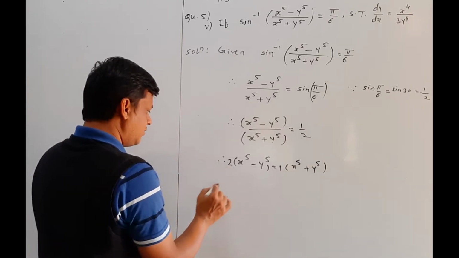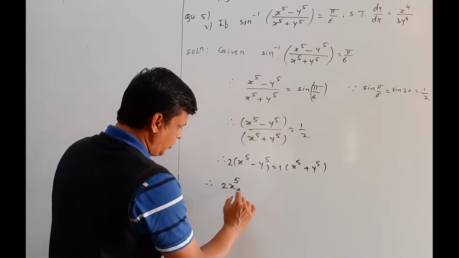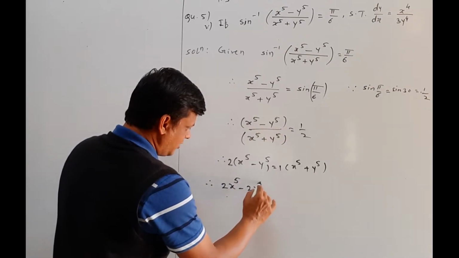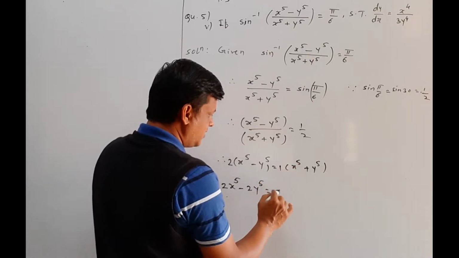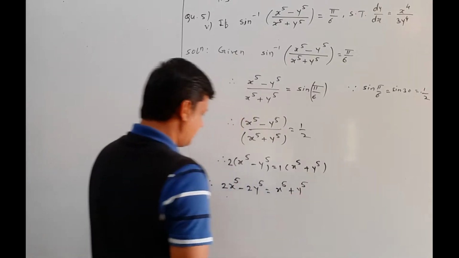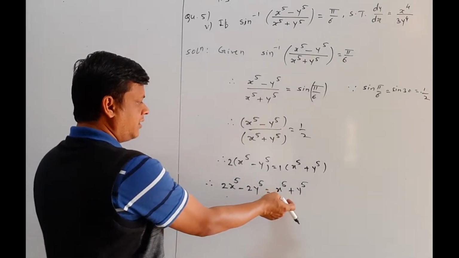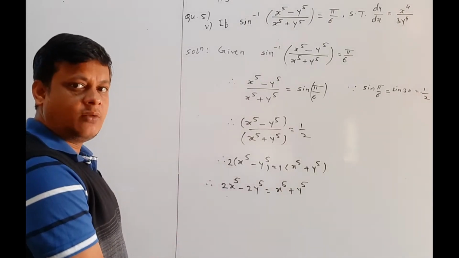So multiply by 2 into x^5 minus 2 into y^5 is equal to multiply by 1. That means we have to remove just the bracket, x^5 plus y^5. Now transfer the variable y terms to one side and variable x terms to one side.